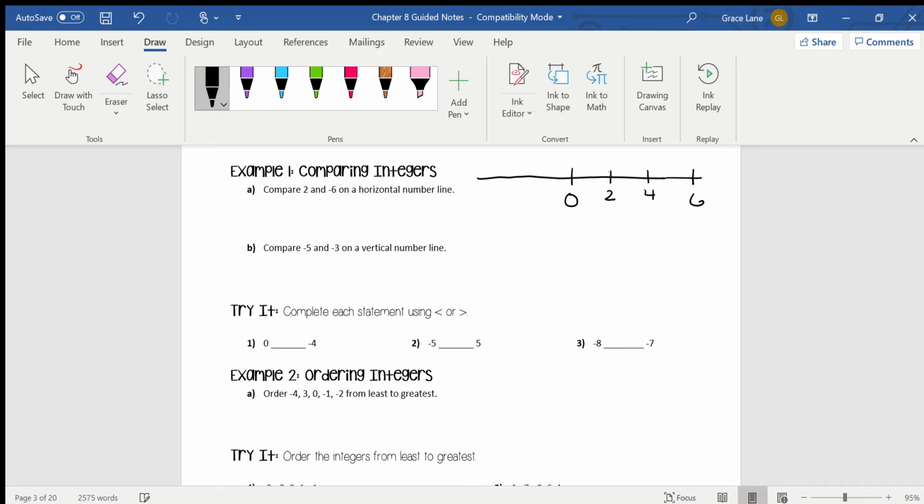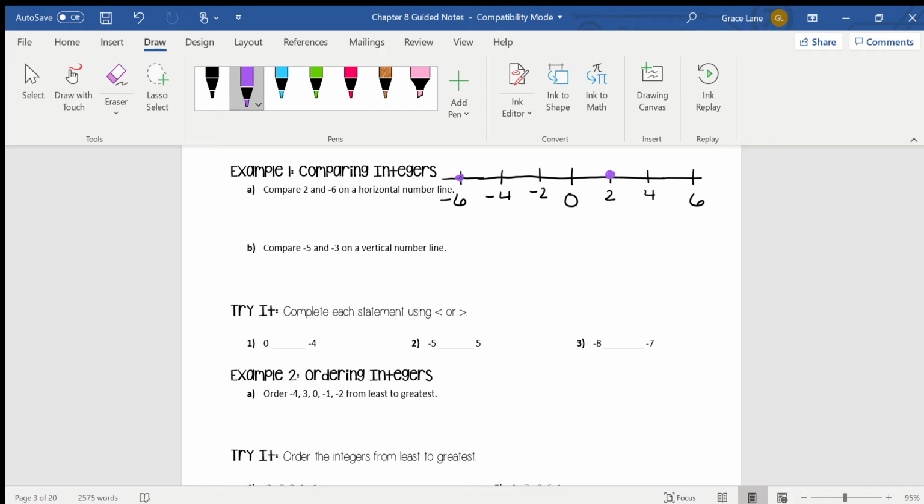And as you move through this chapter, this section, just in general, all number lines don't have to show 0. 0 is not always going to be in the middle. I'm just putting 0 there right now as kind of like a marker for you. So here's 2.